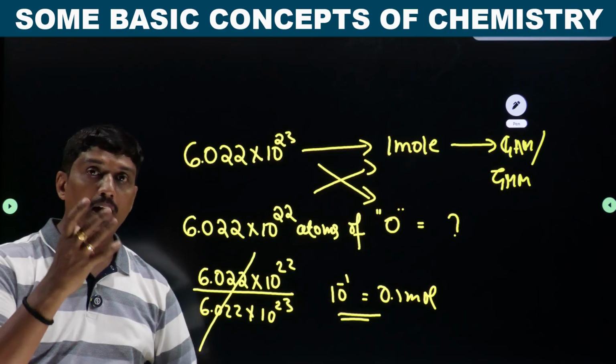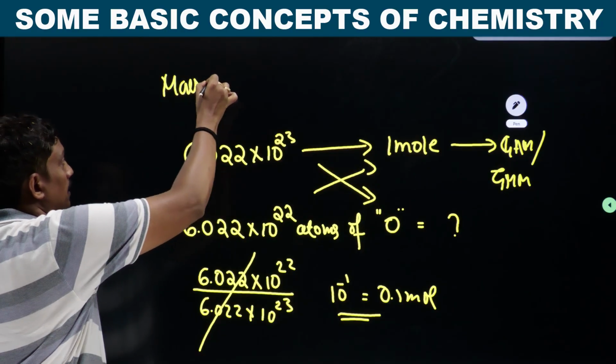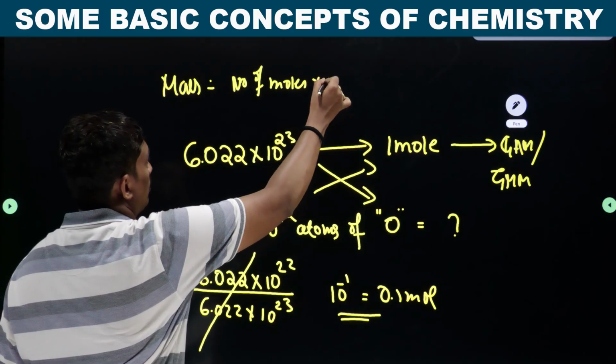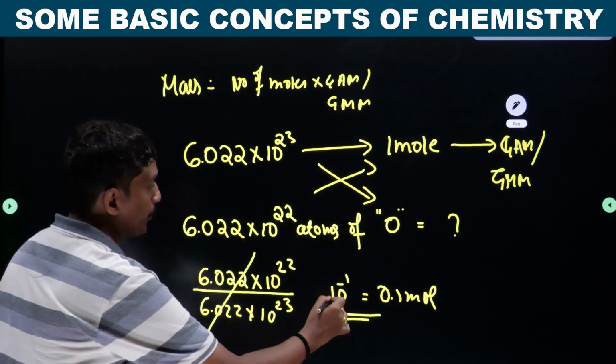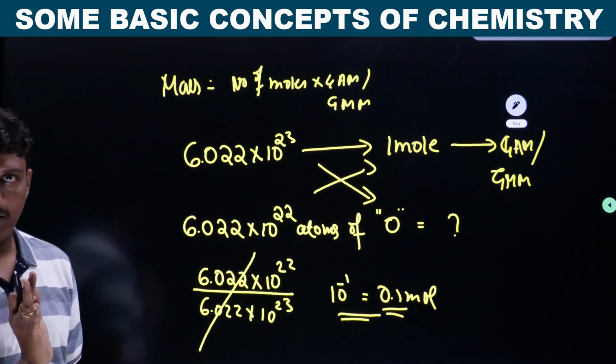Why? Because we have a relation: mass of a substance is equal to number of moles into gram atomic mass or gram molecular mass. If you know the number of moles, we can convert into mass. That's why it is converted.